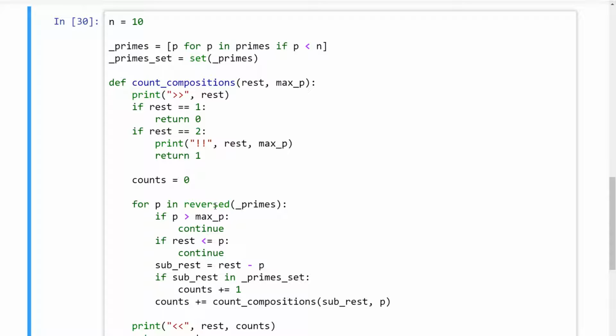And max p is just implicitly the prime that is lower than the rest, the next lowest prime, always.